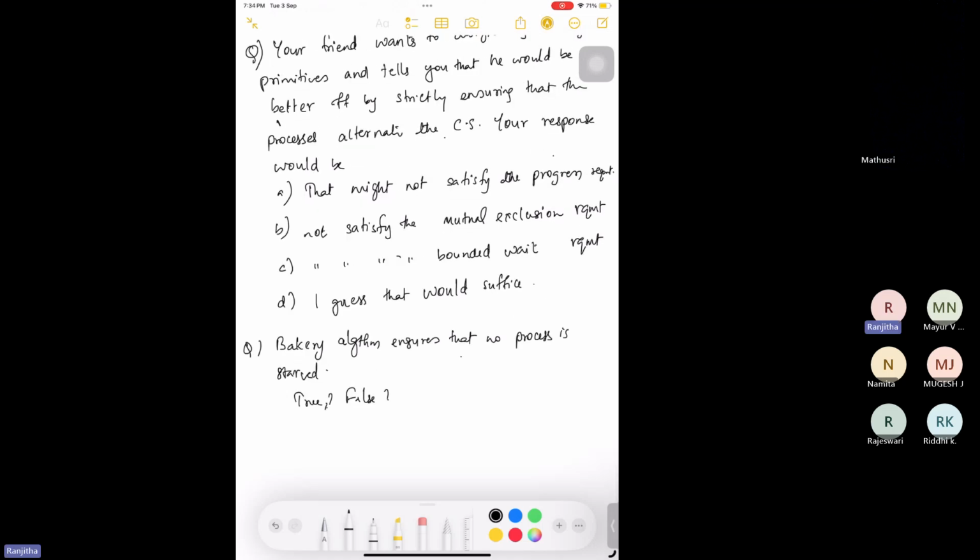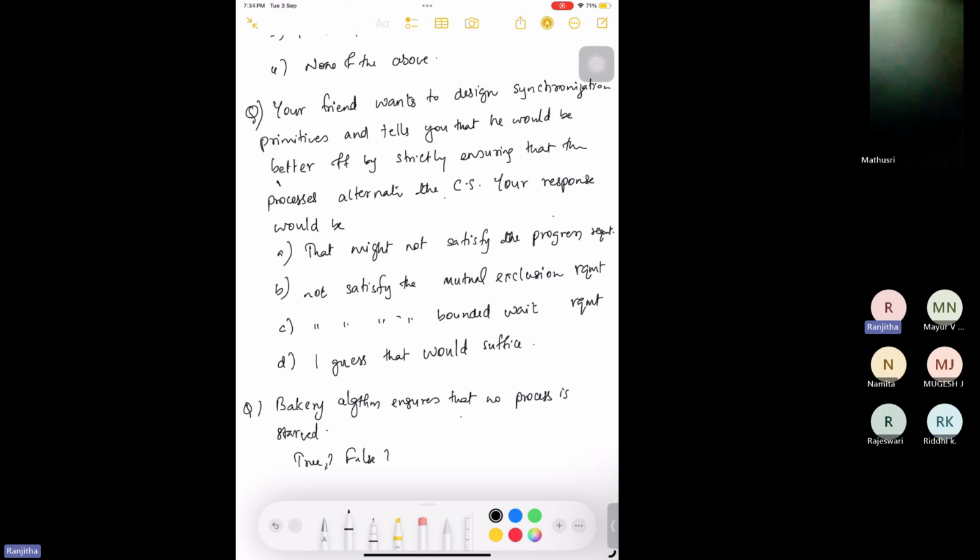Your friend wants to design a synchronization primitive and tells you that it would be better by strictly ensuring that the processes alternate in the critical section. So it's like the first example that we saw, right? With turn equal to one, process one and process two.